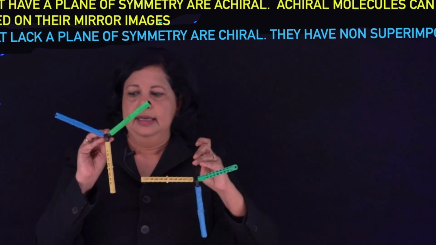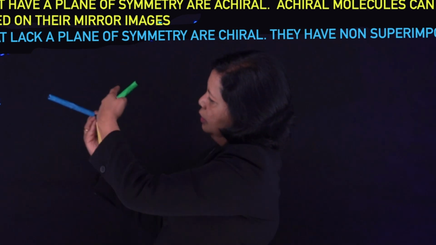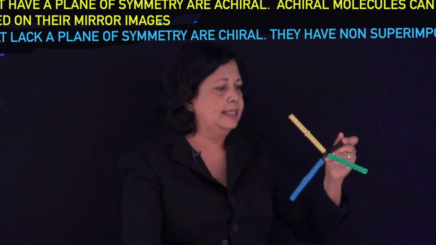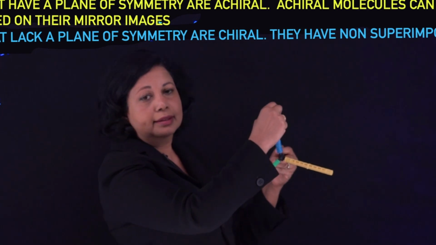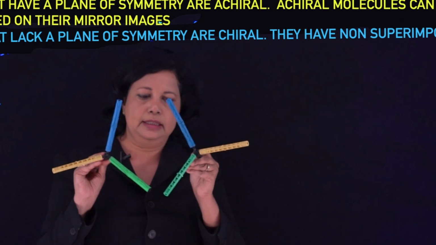Look at this. In this case, blue, green, yellow goes clockwise like this. In this case, blue, green, yellow goes counterclockwise like this. You see? So the spatial orientation is the only thing that's different.